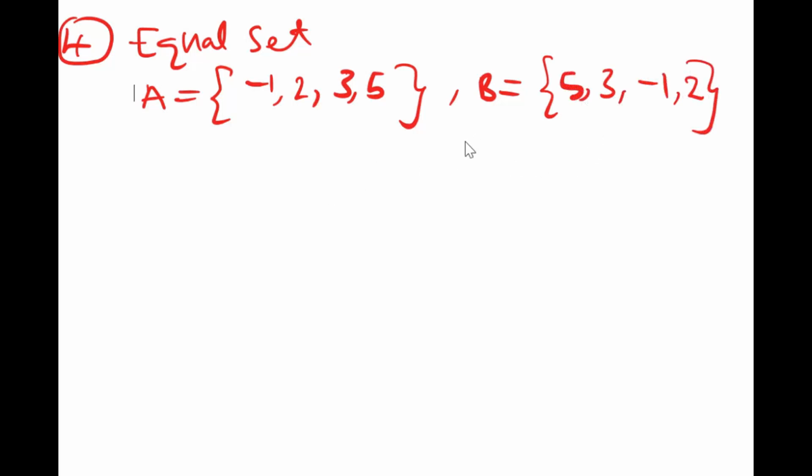Looking at this, they have the same elements but in different arrangements. So both A and B are said to be equal sets.